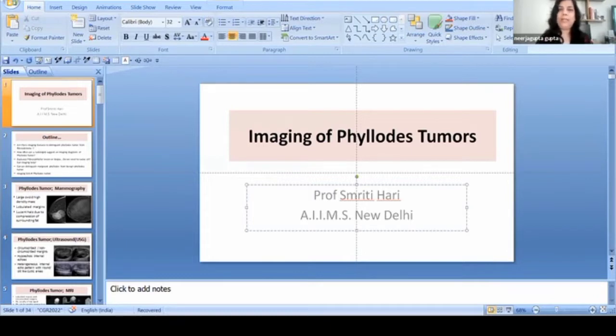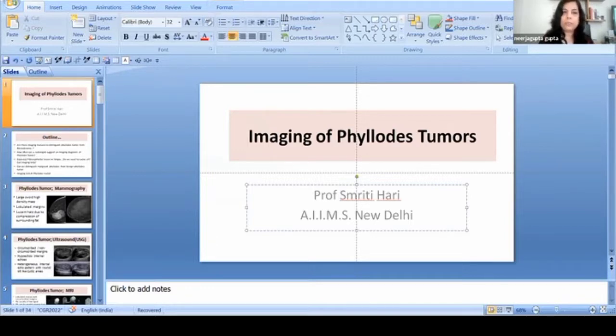The outline I have made is about the questions that probably a surgeon would like to ask a radiologist about any phyllodes tumors. Whether you can really distinguish phyllodes from fibroadenoma on imaging features, how often can a radiologist suggest the correct diagnosis of phyllodes tumor before biopsy based on imaging features?